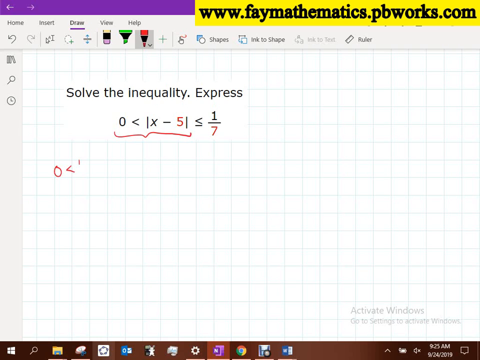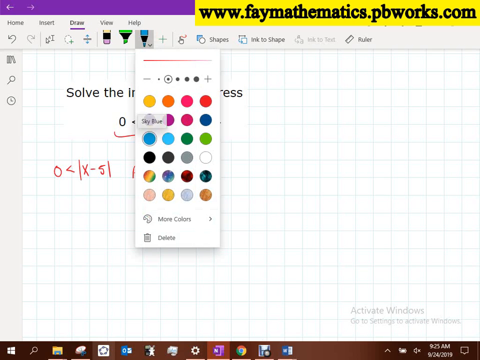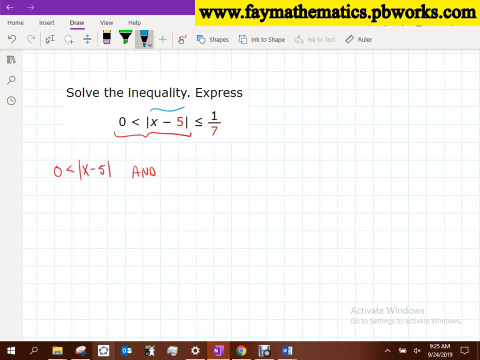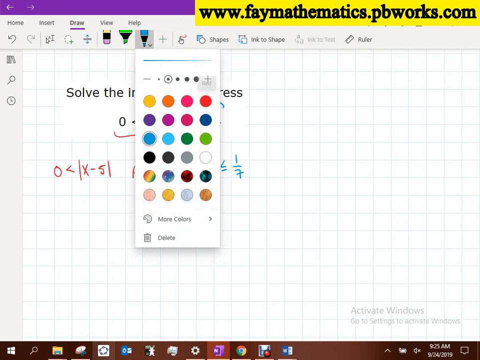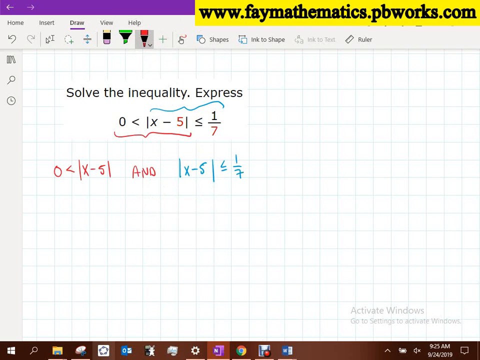So 0 is less than the absolute value of x minus 5. And then we get that one there, right? The absolute value of x minus 5 is less than or equal to 1/7. So that's just breaking it apart.